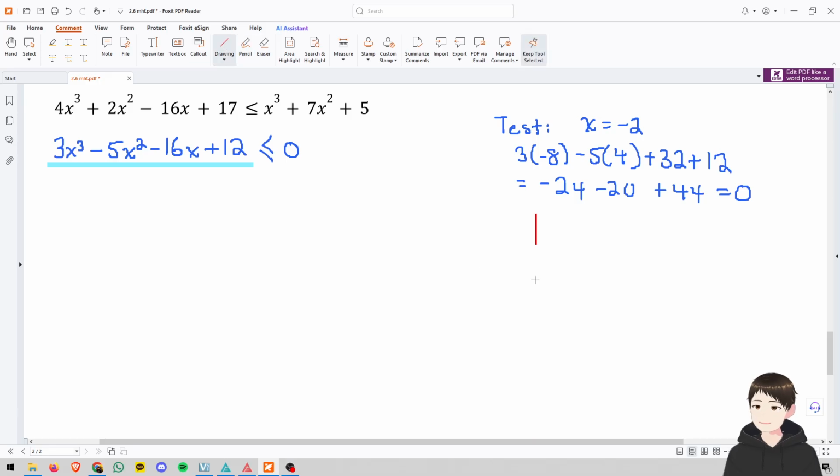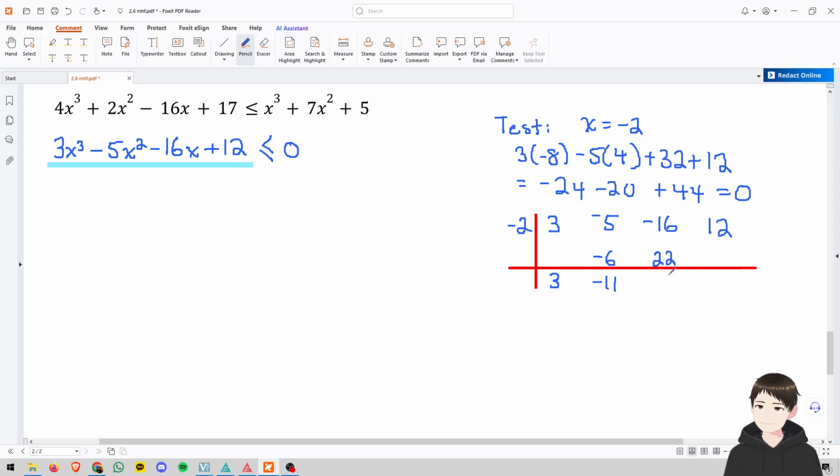I'm going to go straight into it. Synthetic it out. We've got negative 2 with coefficients 3, negative 5, negative 16, 12. We've got 3, negative 6, negative 11, 22, and 6, negative 12, 0. Perfect.